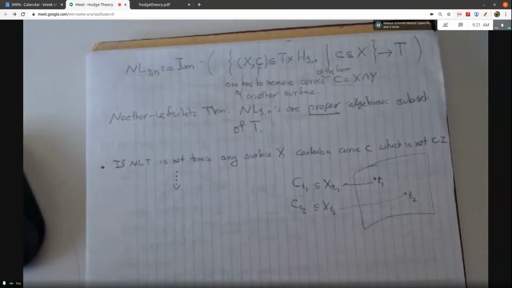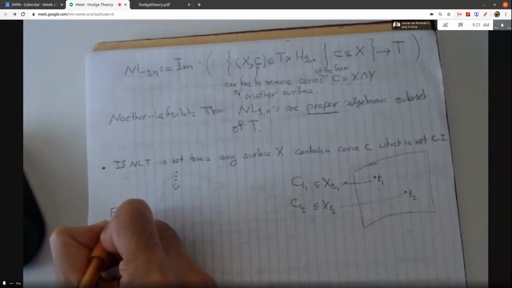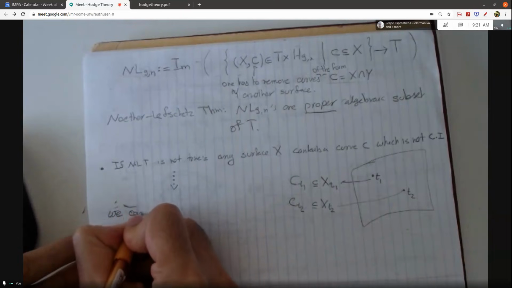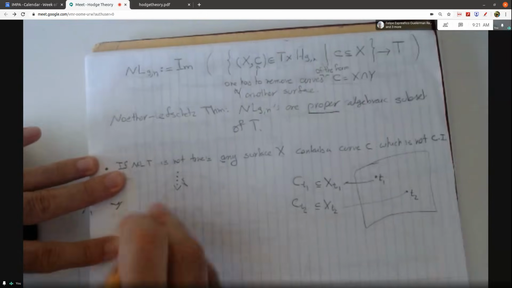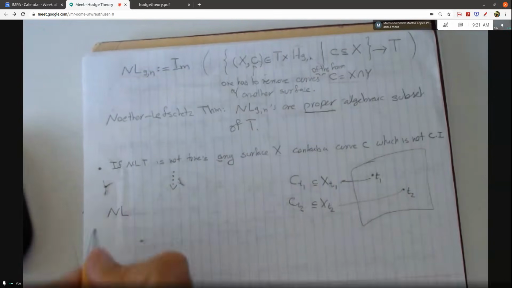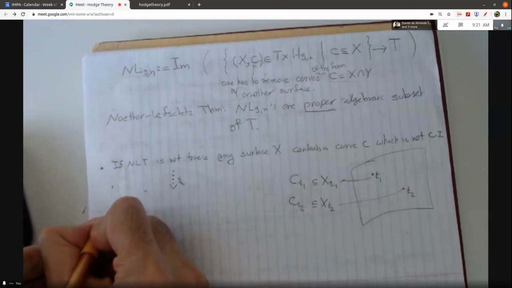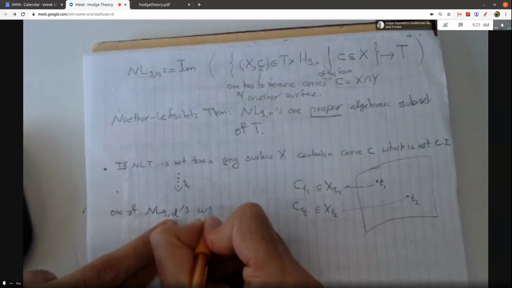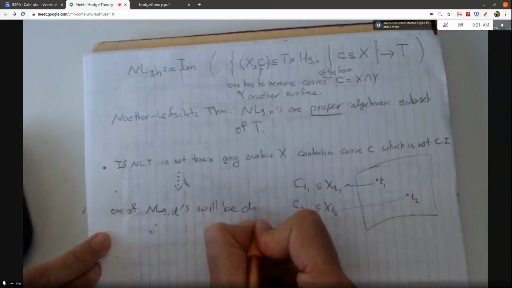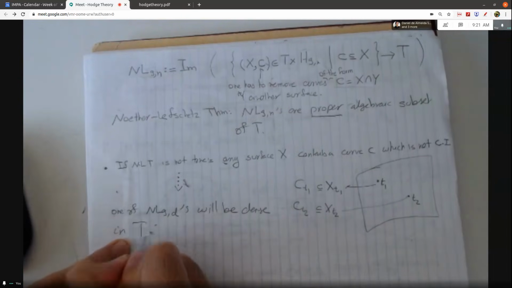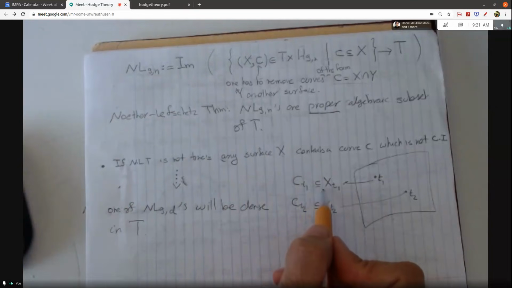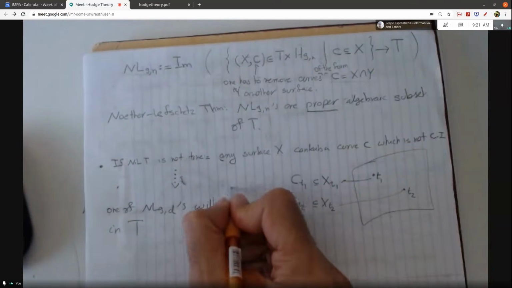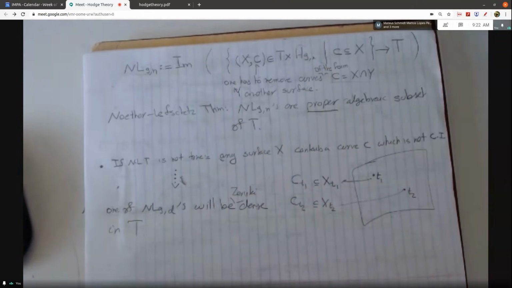So the union of the NLGNs will be dense in T. It is natural to expect that if the Noether-Lefschetz theorem is not true, one of these NLGNs will be Zariski dense in T because it is an algebraic variety.